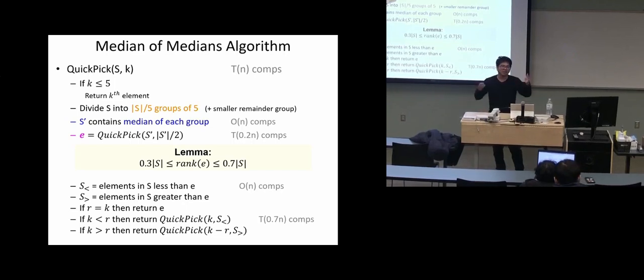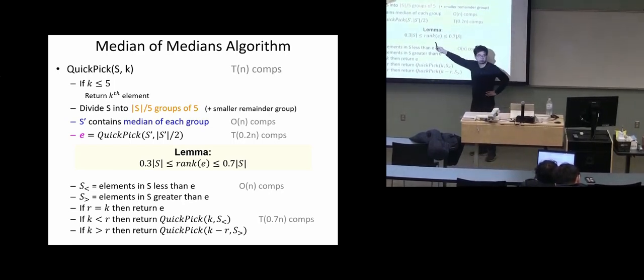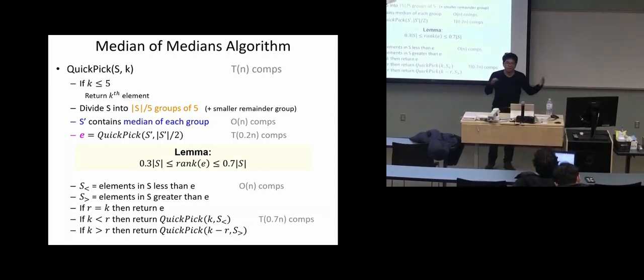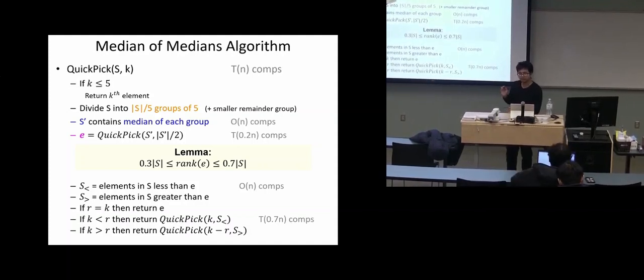We don't know how to pick one near the middle, but if you choose a random guy, it should be near the middle. Here we just show how to deterministically get the guy near the middle. Once you have that, just define S less than, S more than, like before, and recurse on the right side of the problem. So is the description of the algorithm clear before we analyze the running time?